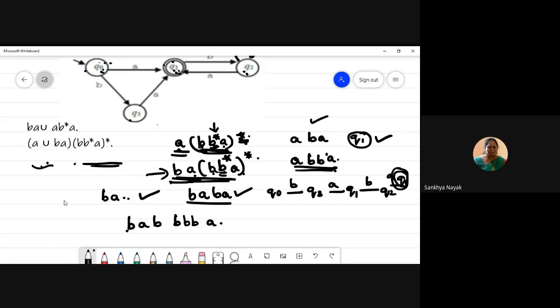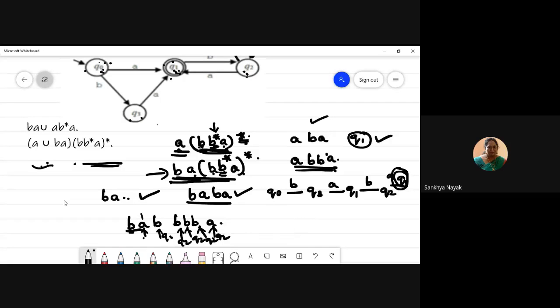On first B. So then from Q3 on A, you go to Q1, correct? And Q1 on B is going to Q2, and Q2 on B will remain in Q2. And then Q2 on A will get you back to Q1, which is a final state.